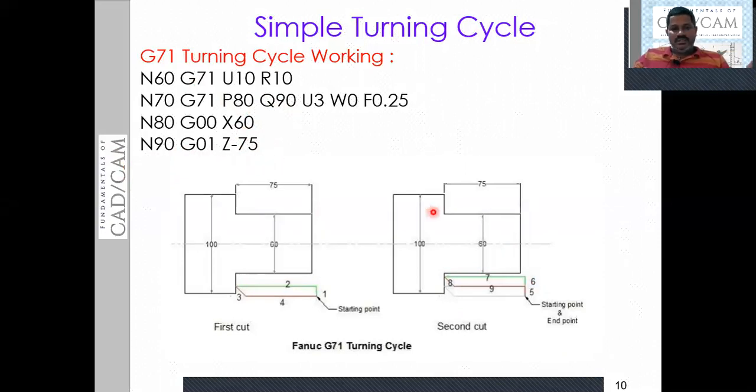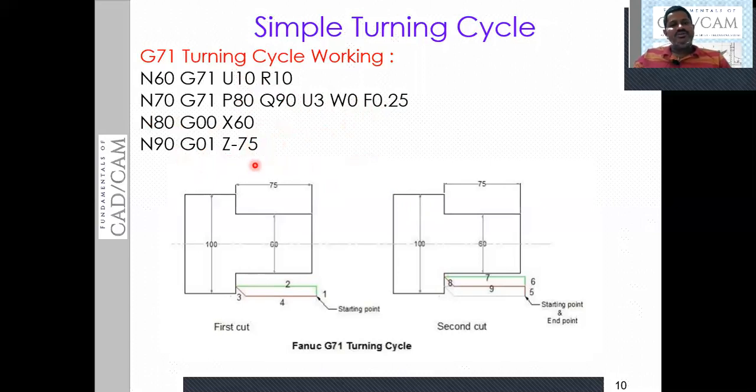Okay, so the system is going to use these values during the rough cuts. That means the feed value and depth of cut are used. Suppose you specify any value between these 80 and 90, those values are used during the finish cut. So we are going to use G70 here, and the parameters we are going to list out here.